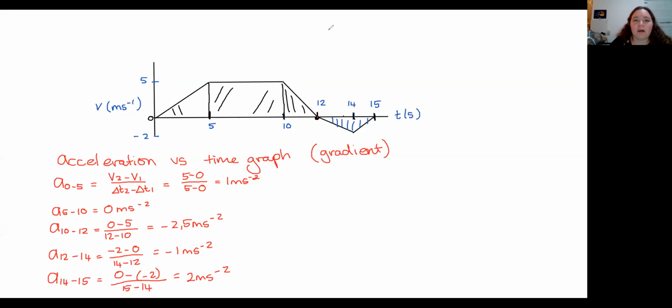If we then plot this, we don't have to do anything cumulatively here. We're just quickly plotting the graph. So if we quickly plot this, there it is. I'm going to quickly fill in my key values here. So I've got to do something at 5 seconds, 10 seconds, 12 seconds, 14 seconds, and 15 seconds.